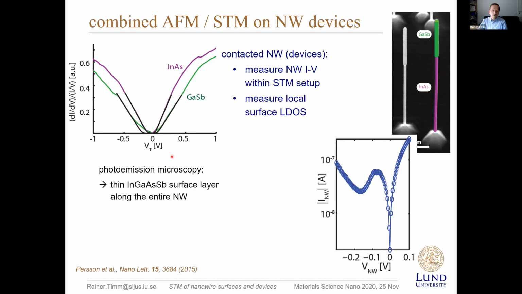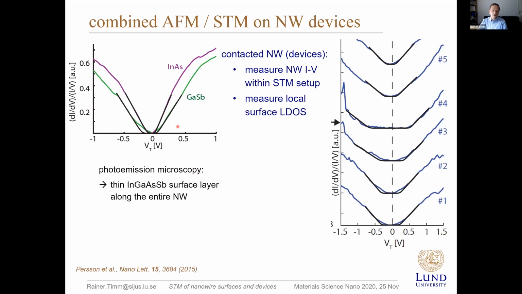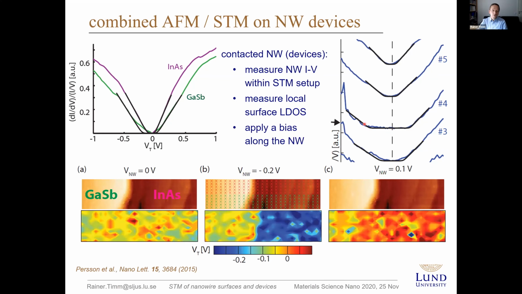This was also confirmed by photoemission microscopy and spectroscopy, because we have a quaternary surface layer here, which goes along the entire nanowire. But still, with STS, we can move our tip along the nanowire from the gallium antimonide part into the indium arsenide part, and we can see here, oh, there's an area, a depletion zone here in the middle, which is why it still works as a tunnel barrier.